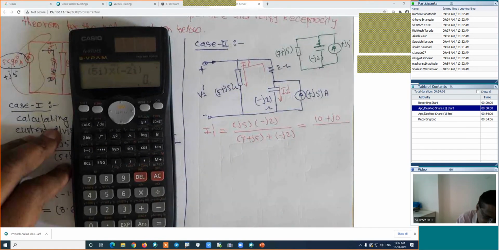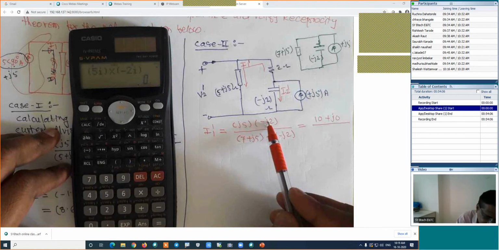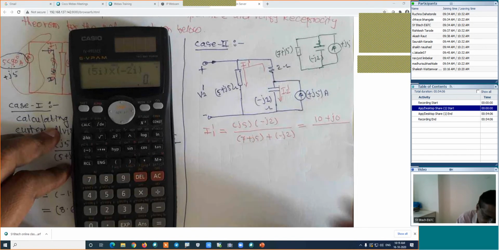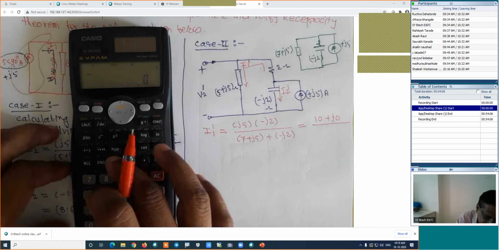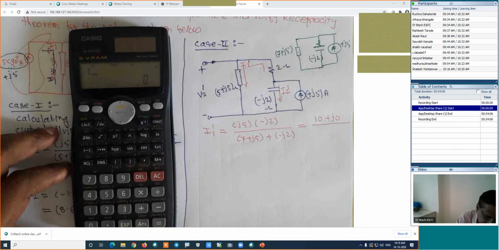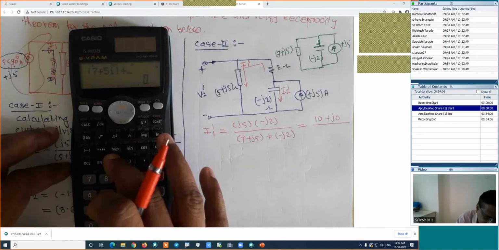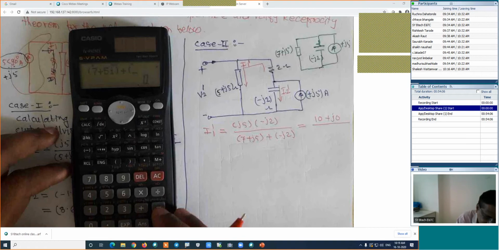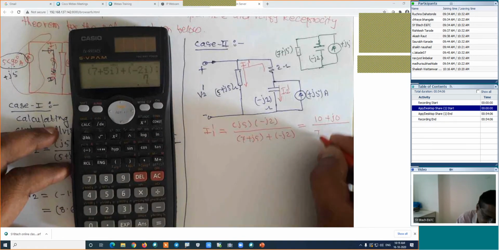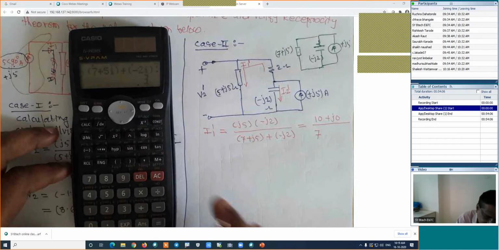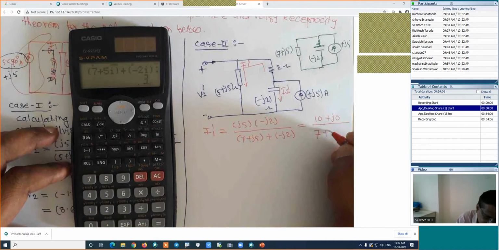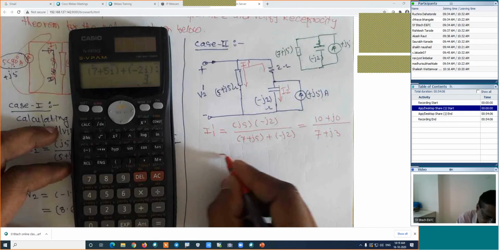Look at the calculation: j into j is j square, which is minus 1, and this minus will become plus, and 5 into 2 is 10. We can do the oral calculation also. Divided by the denominator: how is the denominator? 7 plus j5 close bracket plus minus j2 close bracket, which is equal to 7 as the real part and the imaginary part will be plus j3. This is the value of the denominator.